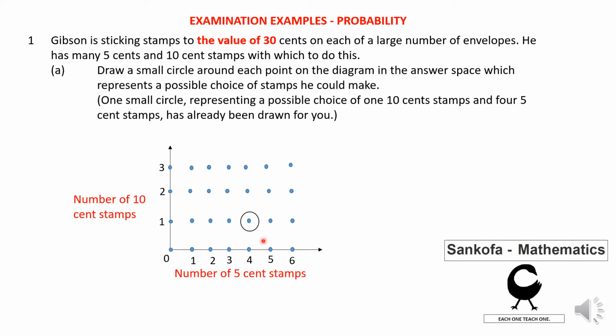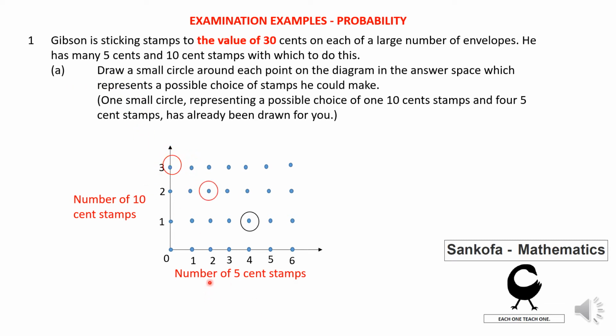If you look at the combinations that exist, remember, he is sticking stamps to the value of 30. So he can stick 4 5-cent stamps, that is 20 cents, plus 1 10-cent stamp, so that gives you 30. If the question is asking you to find another combination that he can possibly paste on the envelope to get 30 cents, one could be that he just pastes 3 10-cent stamps, which still adds up to 30 cents.